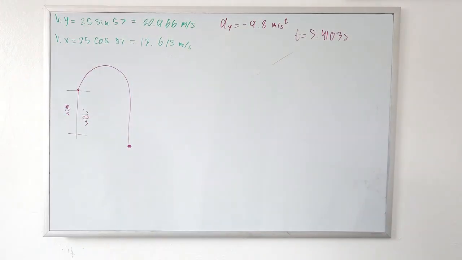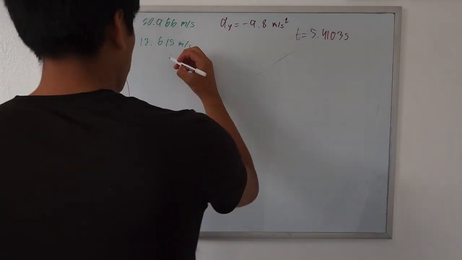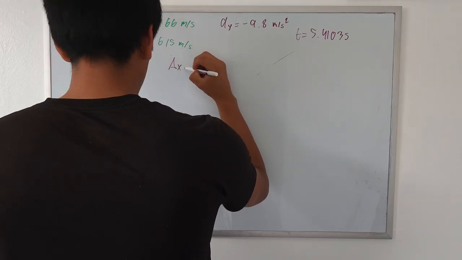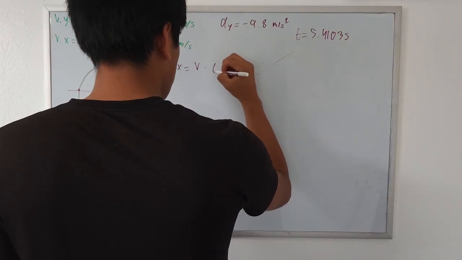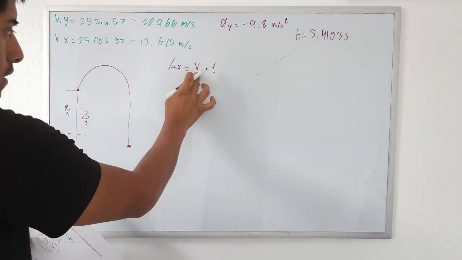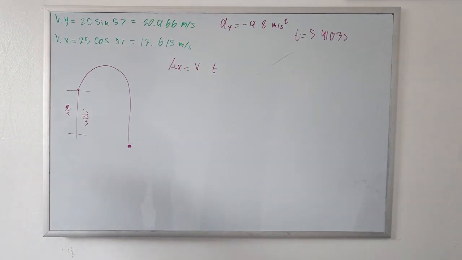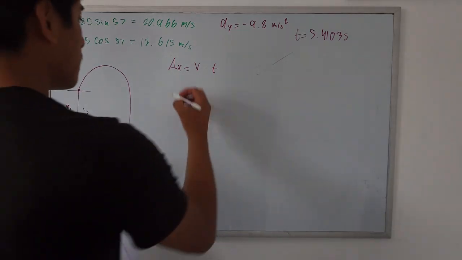The next question asks: what is the object's total displacement in the x direction when it reaches the ground? For this one, we're just going to use a simple equation: delta x equals velocity times time. That's the only equation we have when velocity is constant. So let's plug in the variables.